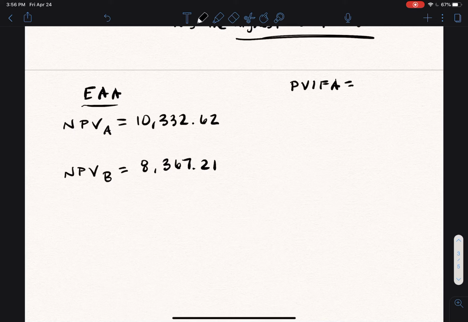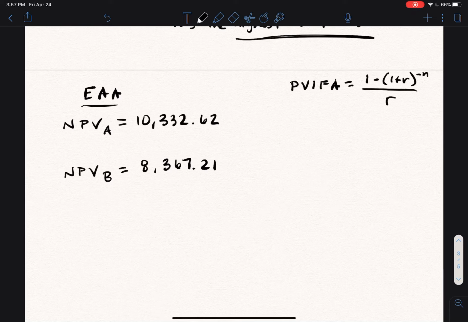The way that we find that is 1 minus (1 plus r) to the negative n, all over r. I think I'm reading that formula right. Yeah, okay, just making sure I have the right formula.